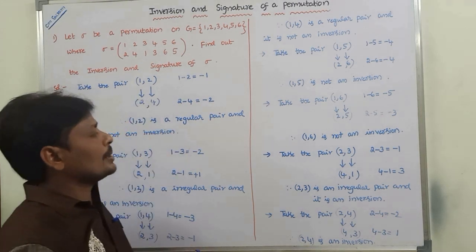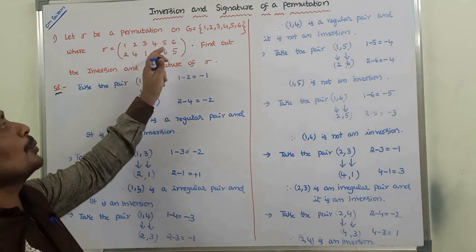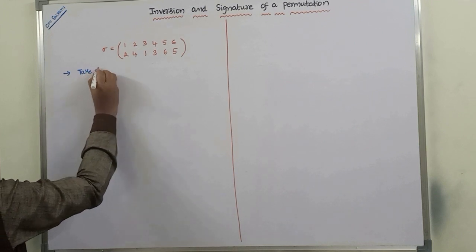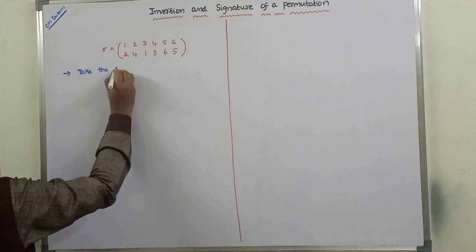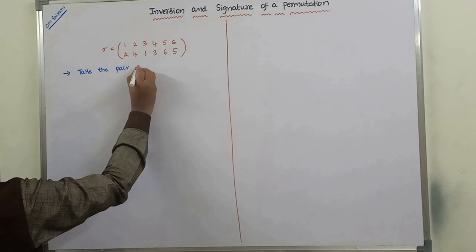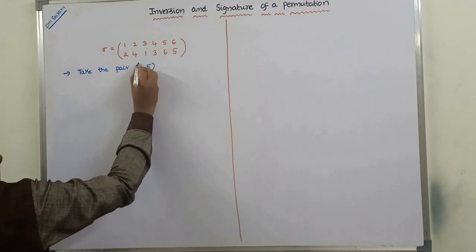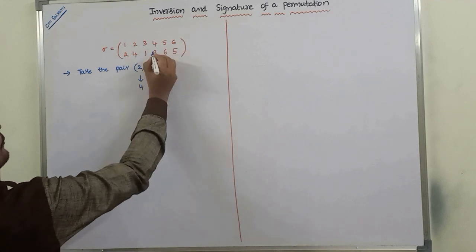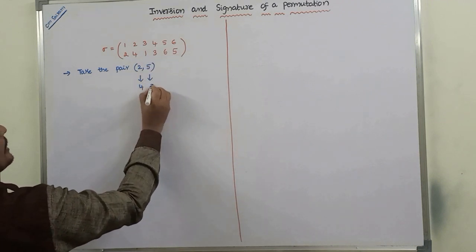Okay. Next we can go for the pair 2 comma 5. Take the pair 2 comma 5. Okay. 2 image is 4, 4 image is 3.